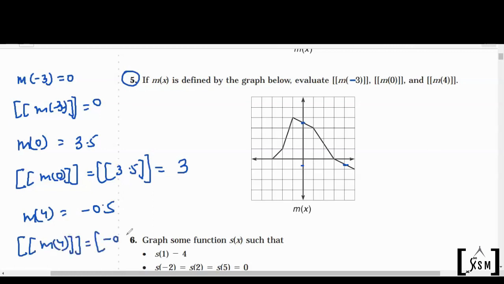Greatest integer of minus 0.5 means what? What is the first integer which is less than minus 0.5? First integer which is less than minus 0.5 is negative 1. So my answer is negative 1. Hope it makes sense. So these three values have these answers. Let me mark that with red.